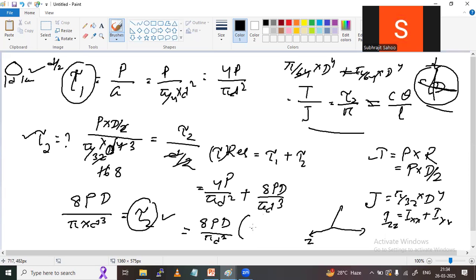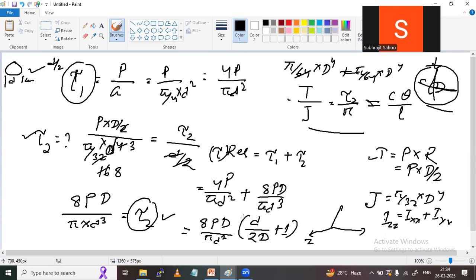This becomes small d divided by 2D, plus 1. Okay, plus 1, right?